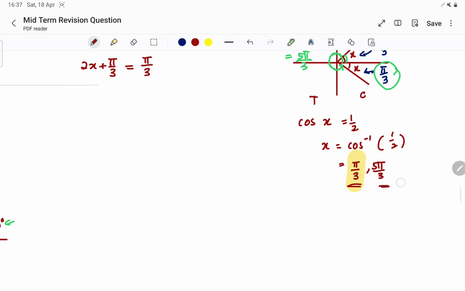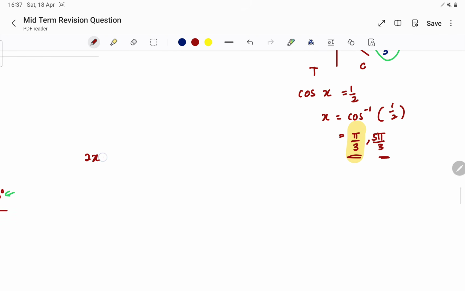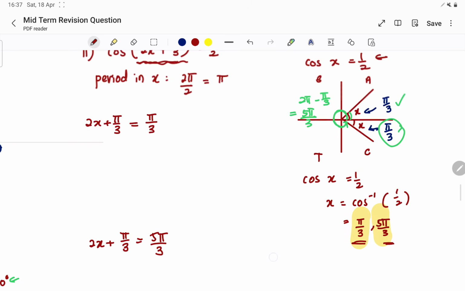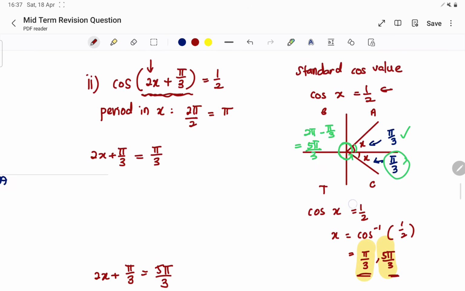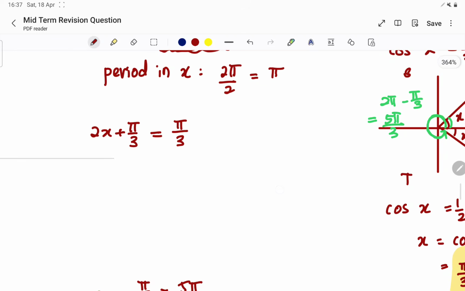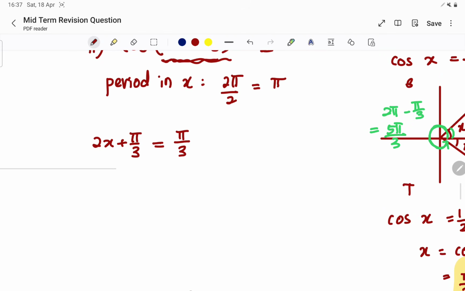Another one, you take 2x plus pi over 3 equal to 5 pi over 3, because this is the value of x bar. Now we proceed to the first one. You move pi over 3 to the right side, then you get 2x equal to pi over 3 minus pi over 3, which is 0. Then x is equal to 0.